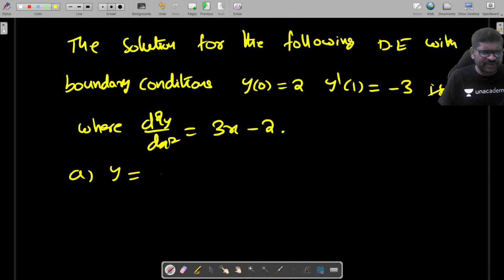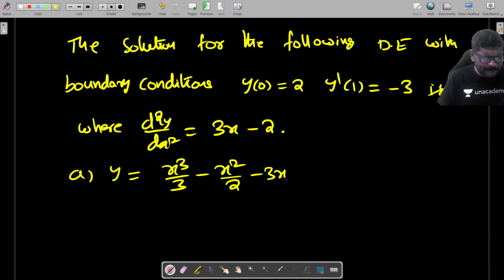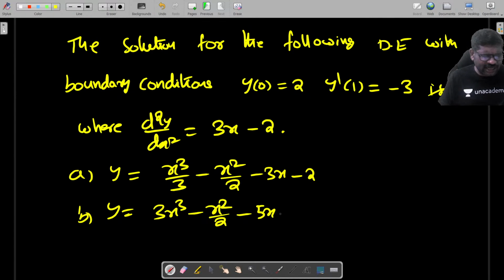First option, y is equal to x cube by 3 minus x square by 2 minus 3x minus 2. Second option, y is equal to 3x cube minus x square by 2 minus 5x plus 2.